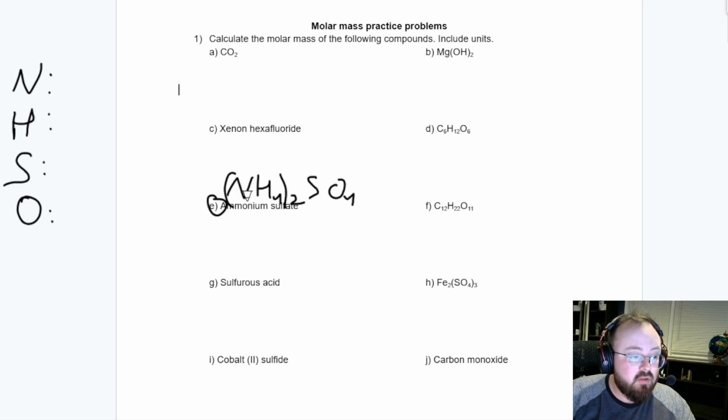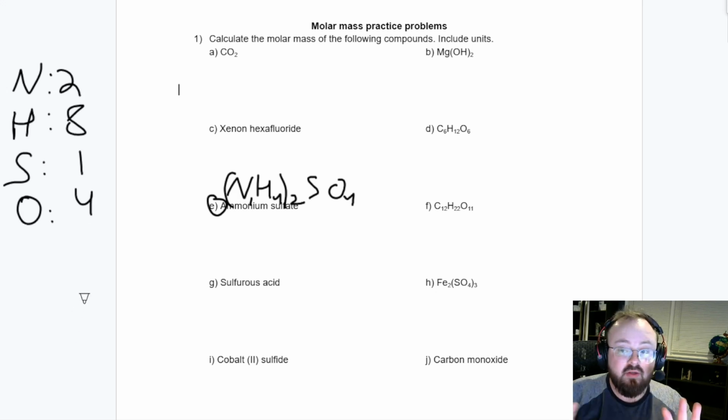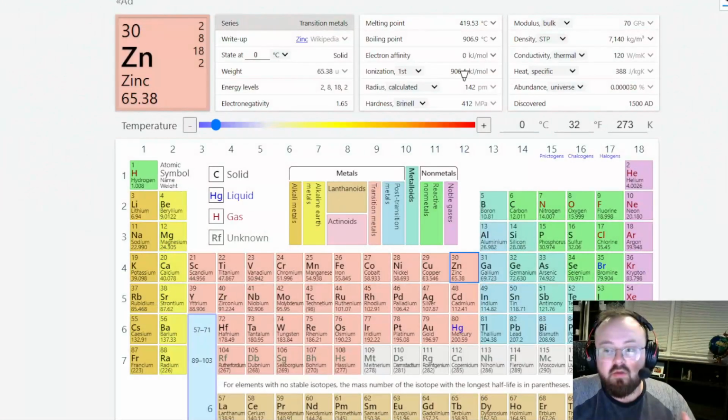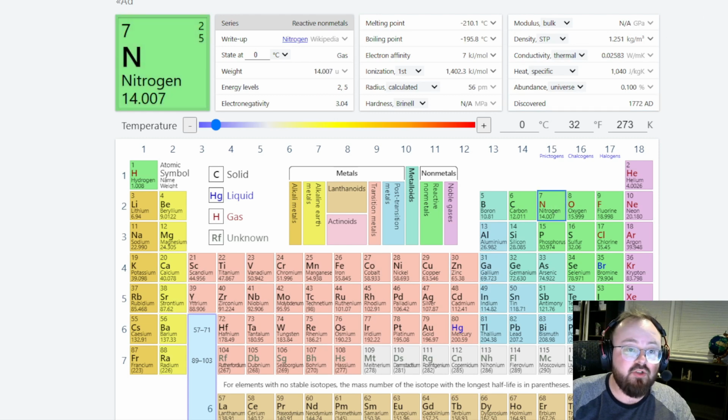There is 1 nitrogen here times the 2 of that outer subscript, which means that there are 2 nitrogen atoms. The 4 times the 2 means that there are 8 hydrogen atoms. For the S, there's just 1 sulfur. And the oxygen, we just have 4 of them. That's our starting value for what we're going to be doing. That's all the information we're going to take from here. Right, let's look for those elements that we talked about. First one up was nitrogen. Nitrogen is right here.